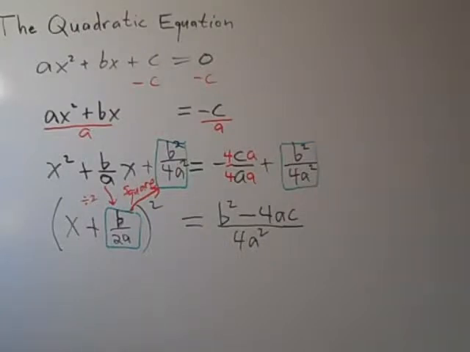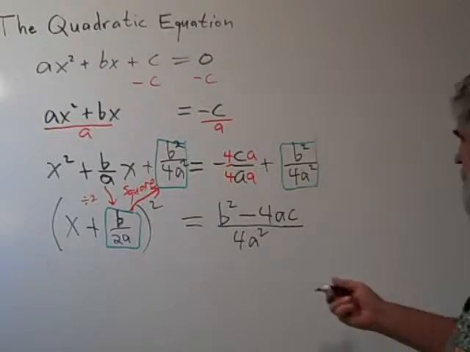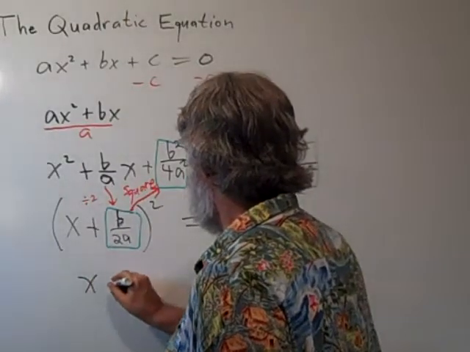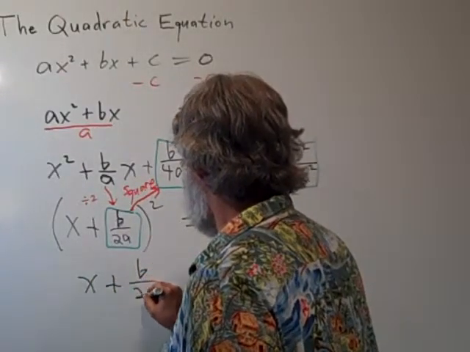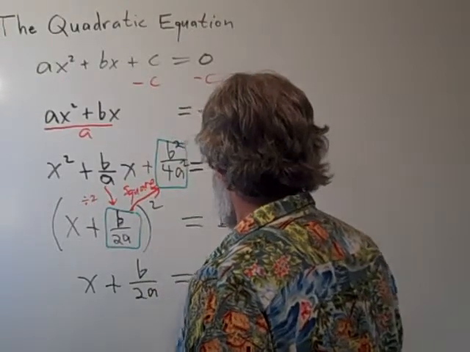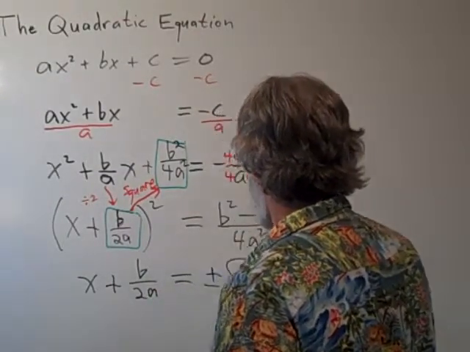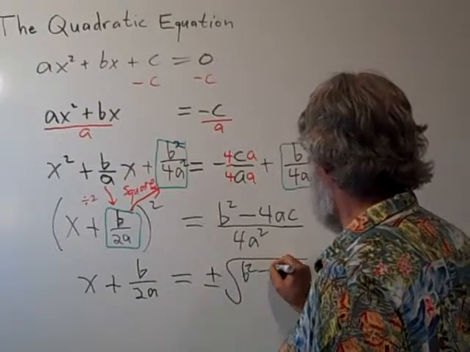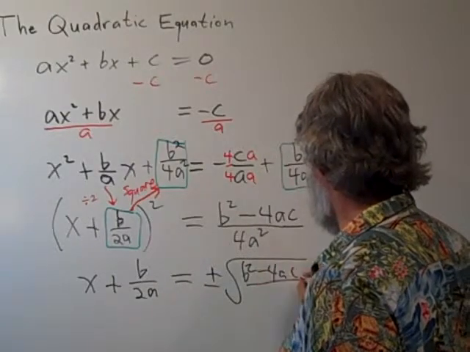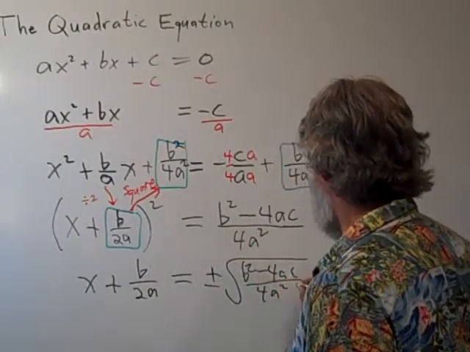Now we take the square root of both sides. So we get x plus b divided by 2a is equal to plus or minus the square root of b squared minus 4ac all over 4a squared.